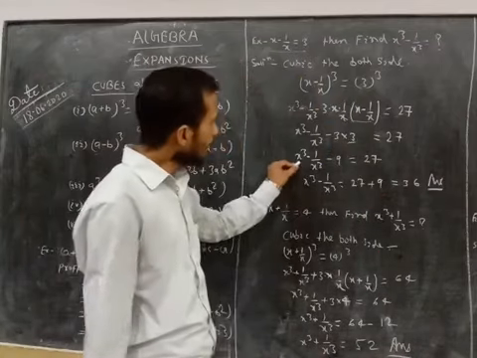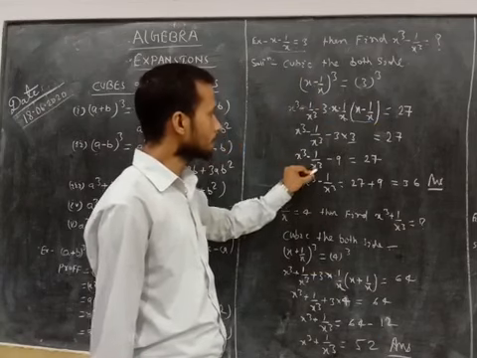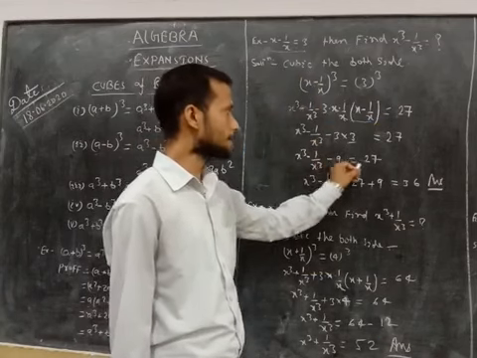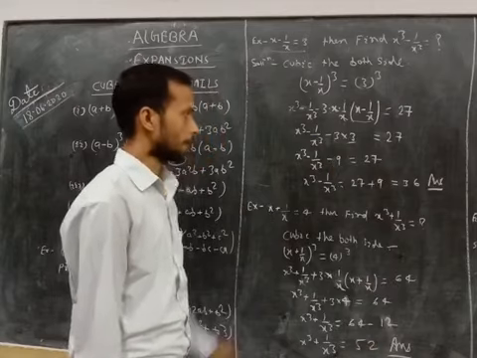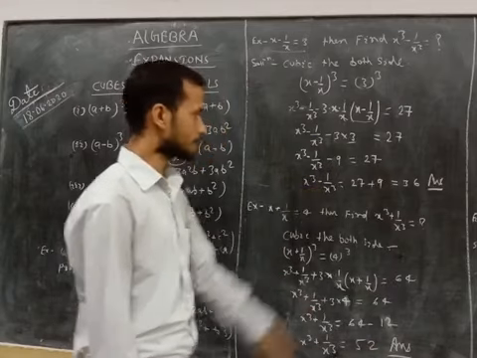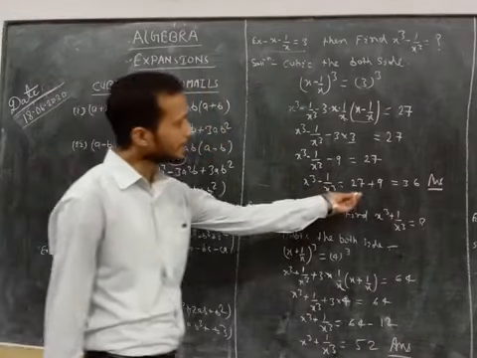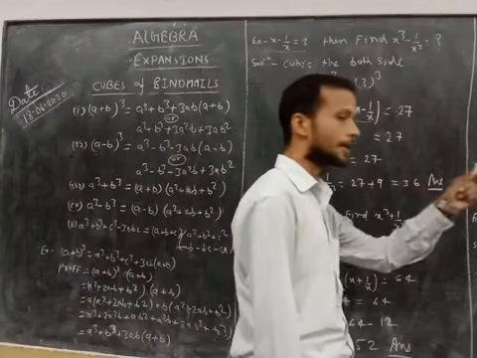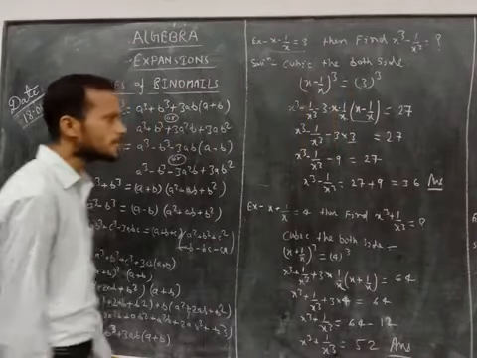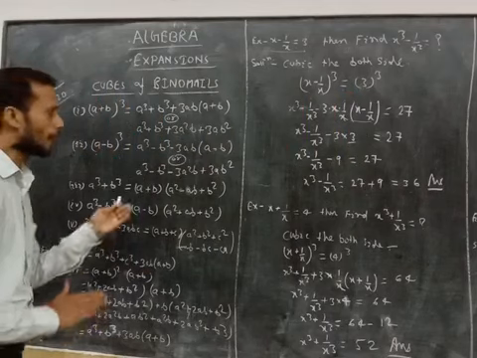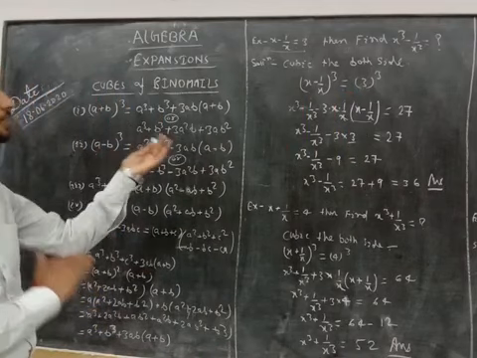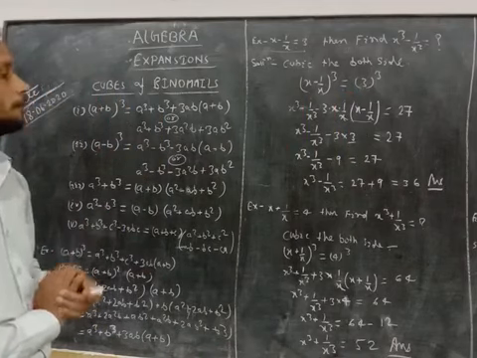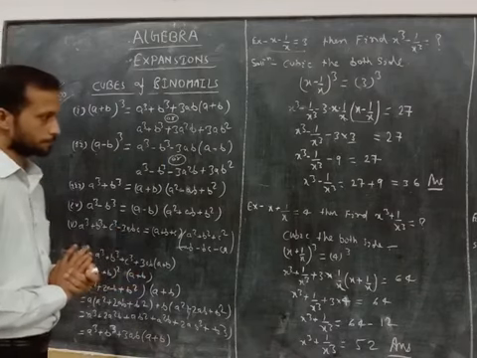X cube minus 1 by x cube minus 3 times 3, that is 9, is equal to 27. X cube minus 1 by x cube is equal to 27 plus 9, which is 36. Answer. This is simple. We can find all these types of questions and get the result.